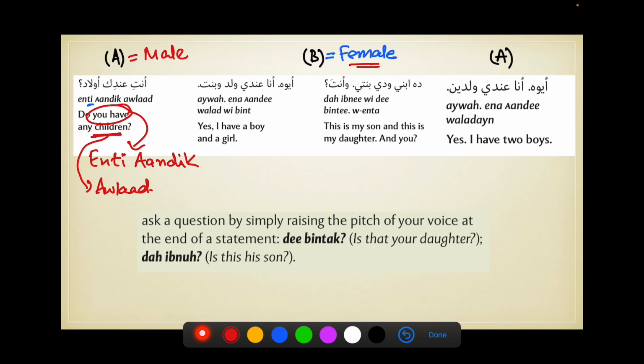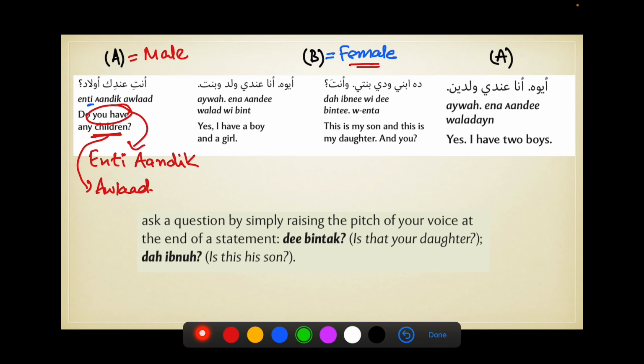So this will mean you have children. But if we say it like anti andik awlad, it will be considered a question. So it will mean, do you have any children? Anti andik awlad will mean, do you have any children?